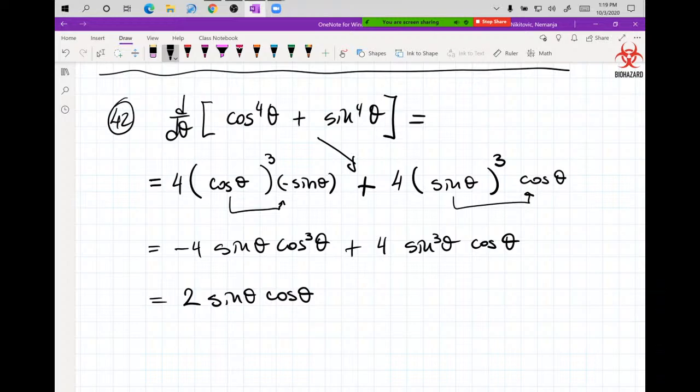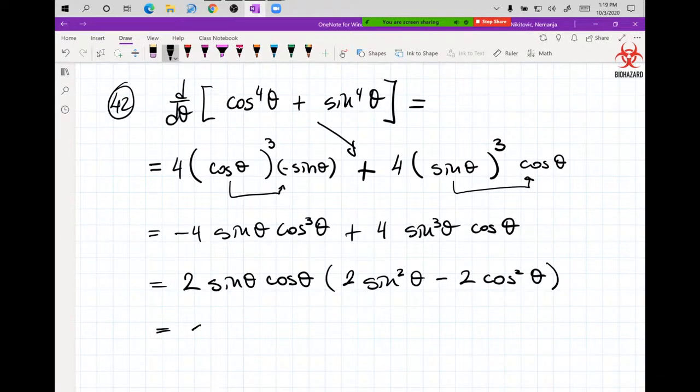Because it is a special formula for trig. And what's left behind, I'm going to swap the terms, is 2 sine squared theta minus 2 cosine squared theta. Is that the double angle formula for sine? Nice. Sine 2 theta. Very good.